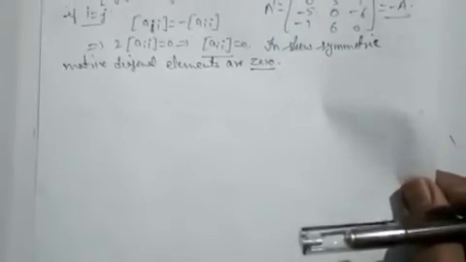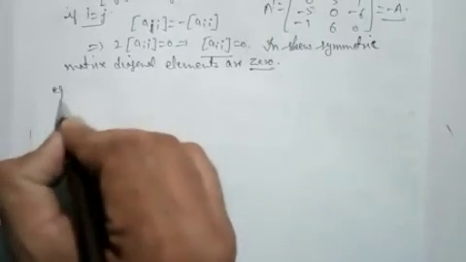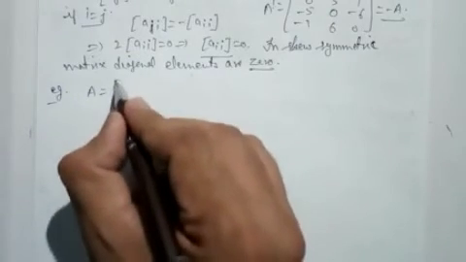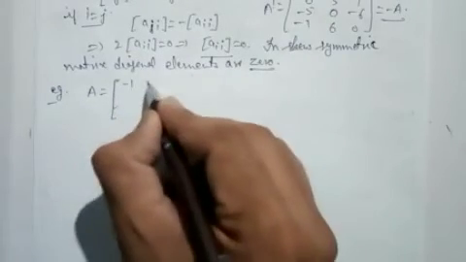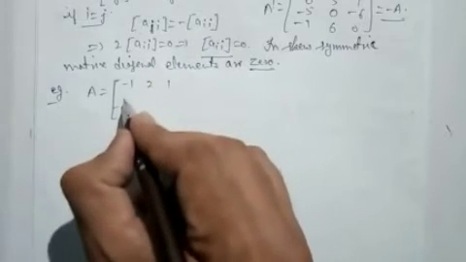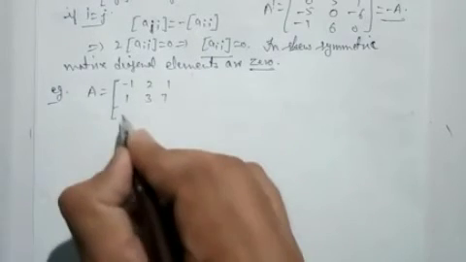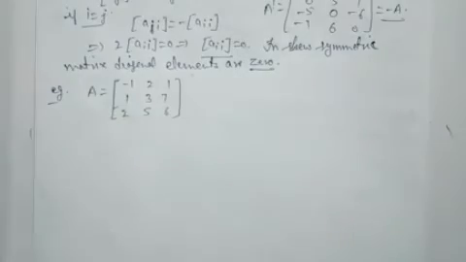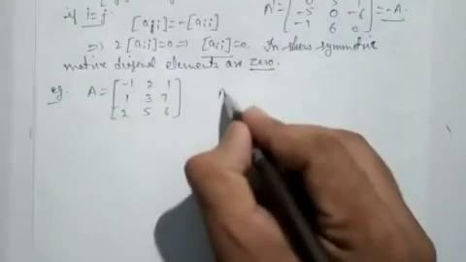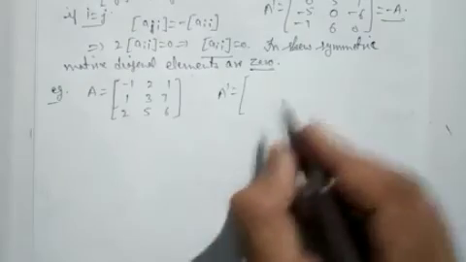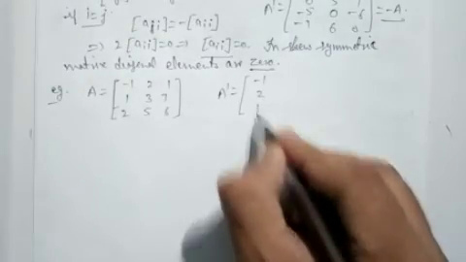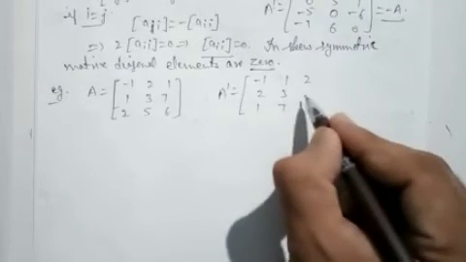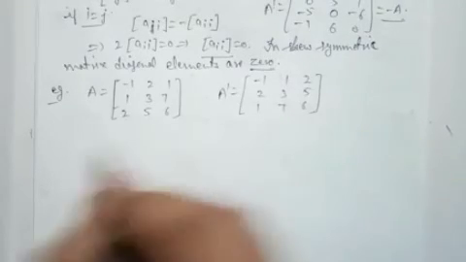Let me take one example. A matrix of 3 cross 3: minus 1 2 1, 1 3 7, 2 5 6. Clear. Its transpose is minus 1 2 1, 1 3 7 and 2 5 6.